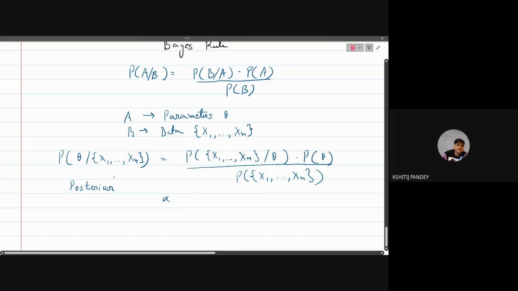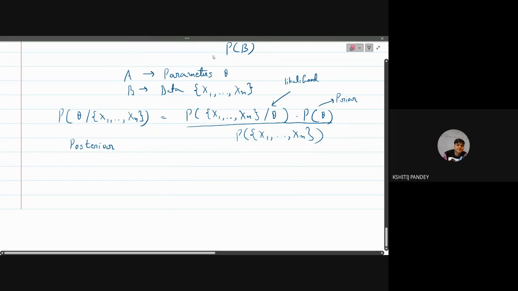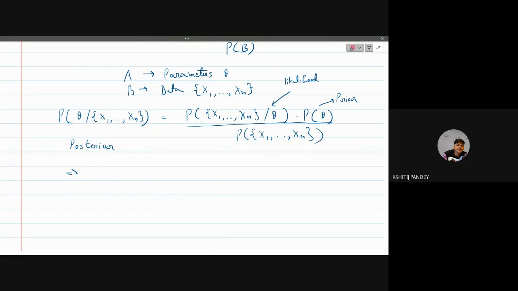Posterior will be directly proportional to what? This is your likelihood, and this is your prior. So from here, we get the proportionality equation that posterior is directly proportional to likelihood into prior.